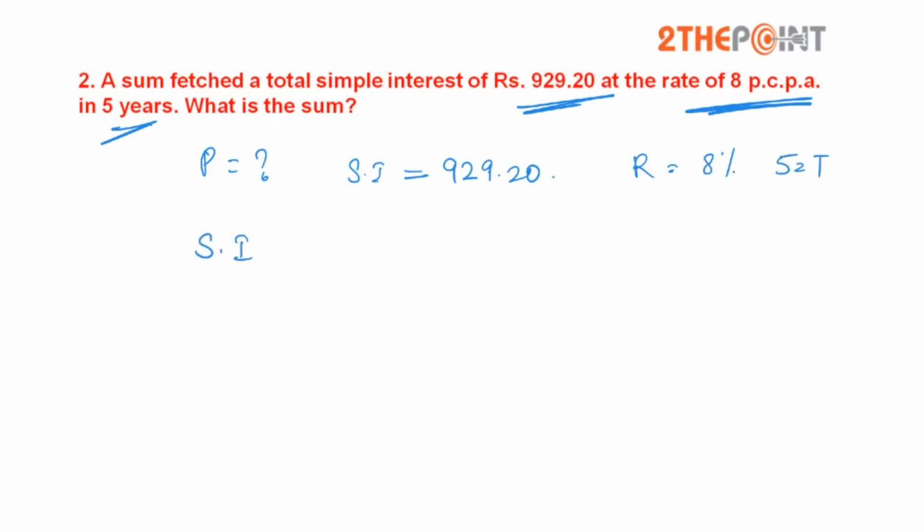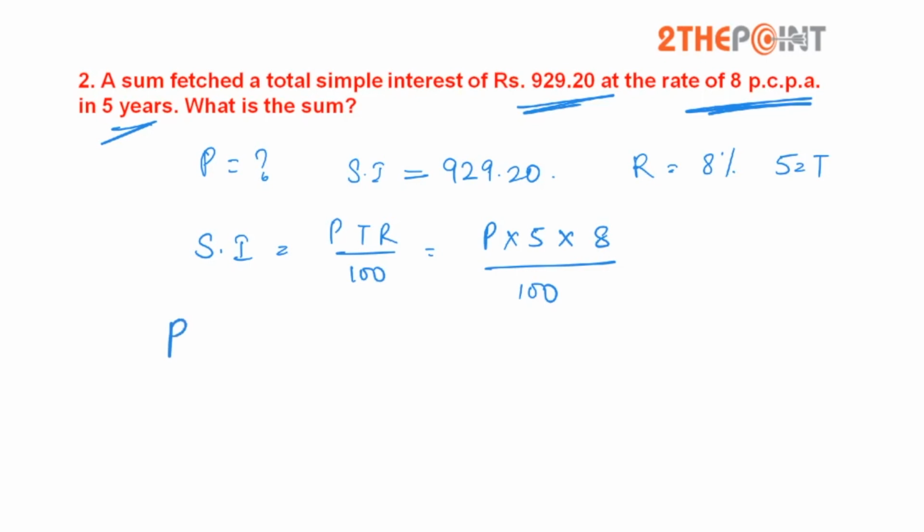Use the formula simple interest is equals to PTR by 100, we don't know the principal, so take P, and time period is 5 and rate of interest is 8 by 100.